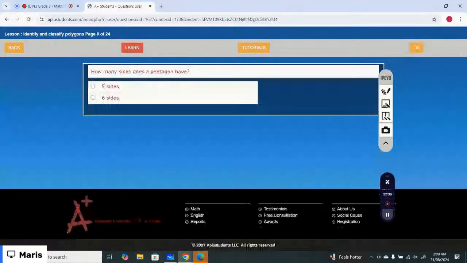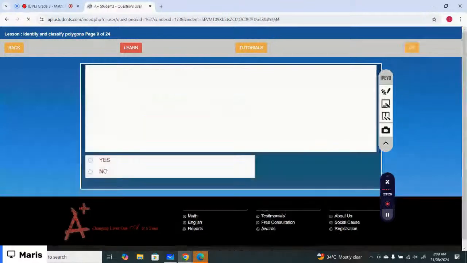How many sides does a pentagon have? So which is the correct option? The correct option is a pentagon has five sides, right?